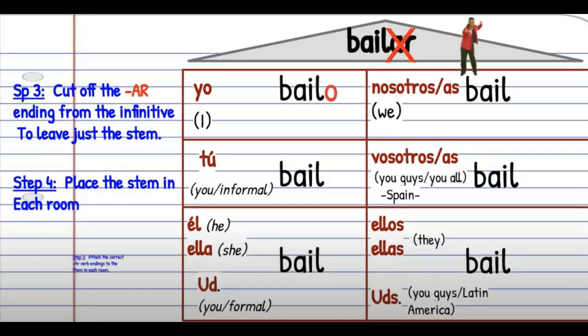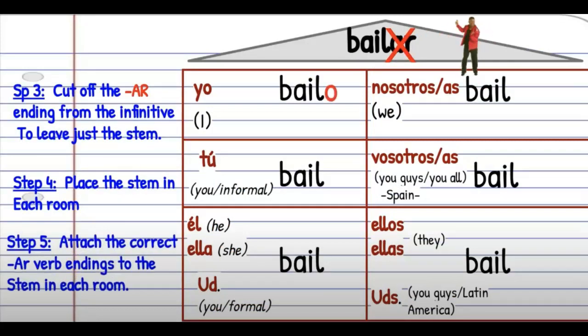Yo, o; tú, as; él, a; nosotros, amos; vosotros, áis; and ellos, an. O, as, a, amos, an. Making it yo bailo, tú bailas, él, ella, and usted baila, nosotros bailamos, vosotros bailáis, ellos bailan.